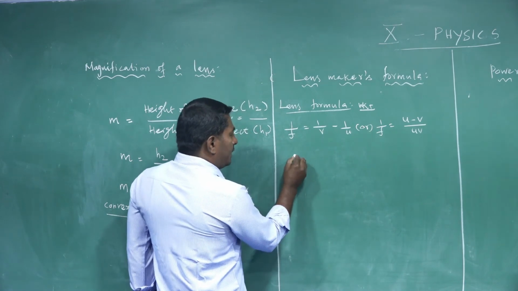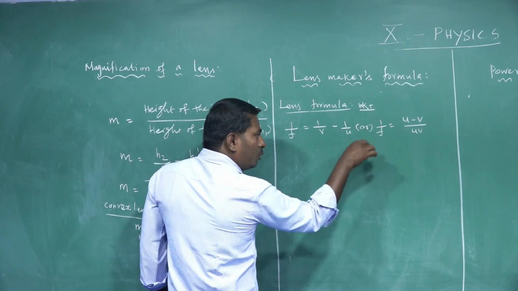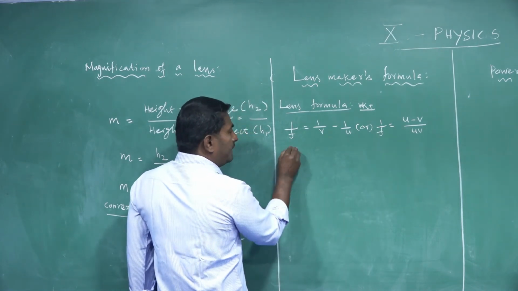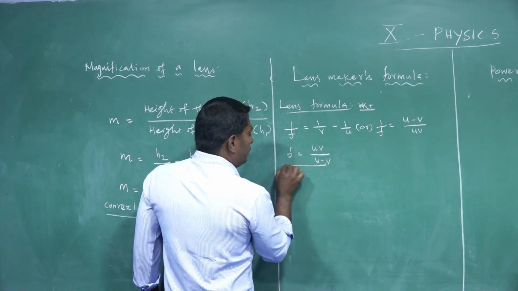It can be rewritten in another way: since we are going to calculate the focal length of a spherical lens, f is equal to uv divided by (u minus v).